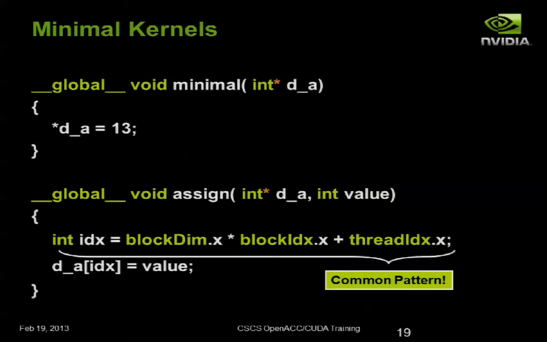You're saying my personal index, the index of one given thread, is the block index times the width, the dimension of the block, plus the thread index within this block. So this pattern, in one form or the other, is something you will most likely see in pretty much every kernel that you write.